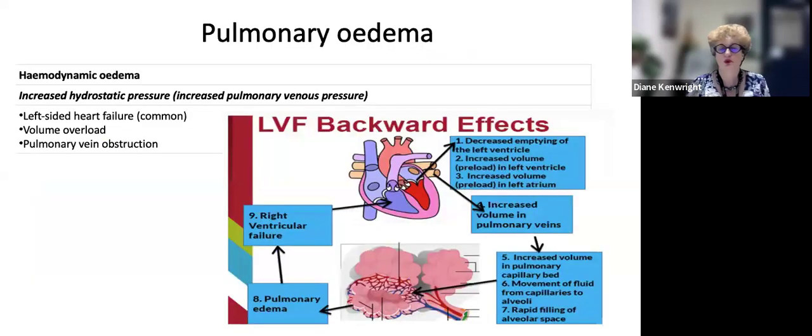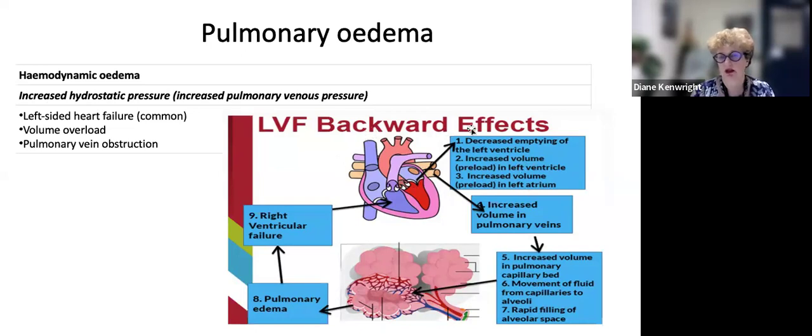Which brings us to pulmonary edema. It's been a while since you've covered that, so we're going to do some pulmonary edema thinking. So what is pulmonary edema? It's a hemodynamic edema due to increased hydrostatic pressure, due to increased pulmonary venous pressure, usually because you get left heart failure, and then you get increased pressure in the lungs.